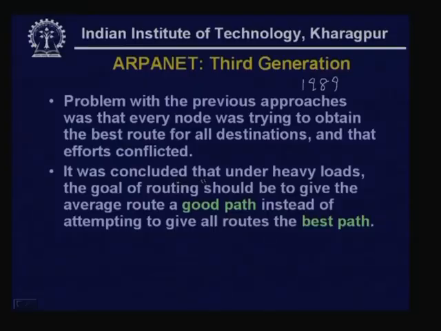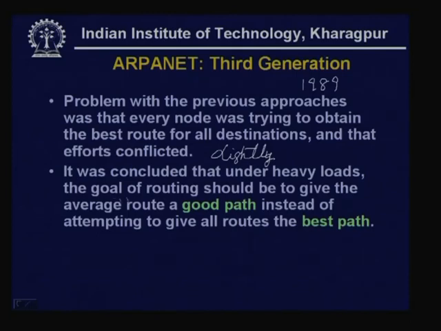And it was concluded that when the network is lightly loaded, it works fine. However, under heavy load conditions, this best effort routing, or routing in the least cost path direction, does not work well.